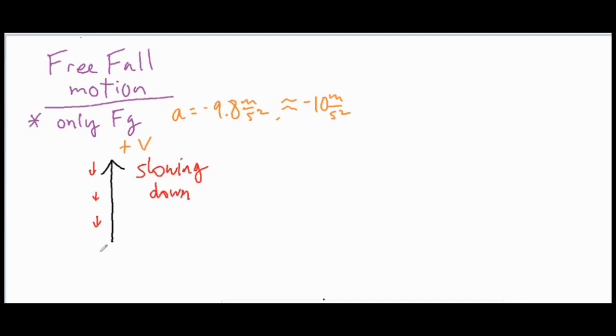So if you have a positive number, let's say that initial velocity is 50 meters per second and something is tossed up in the air, and you keep on adding negative 9.8 meters per second every second, then eventually it's going to take that 50 and it's going to decrease and continue to slow it down until at its very peak it has an instantaneous velocity of 0 meters per second.